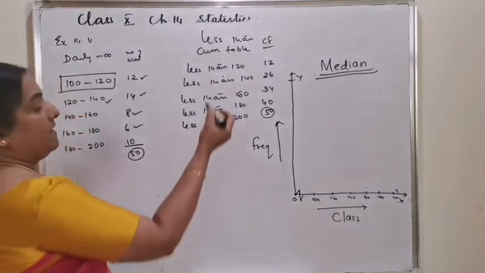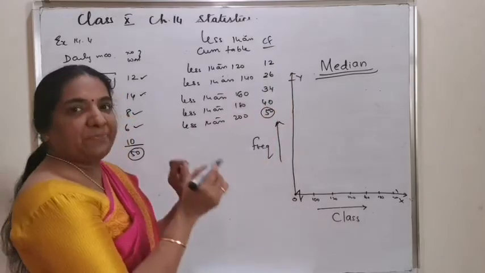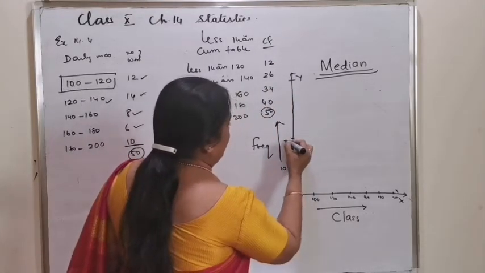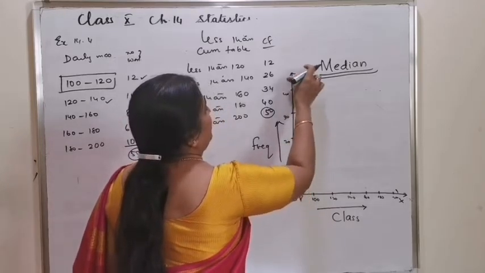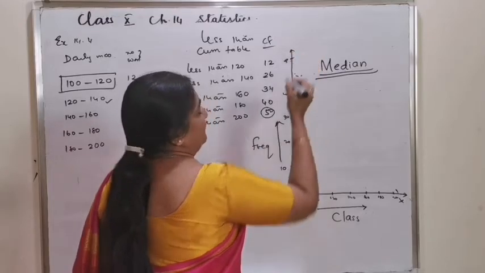Next, the frequencies are 12, 26, 34, 40, 50. You can take 2 centimeters as 10, 20, 30, 40 and 50.